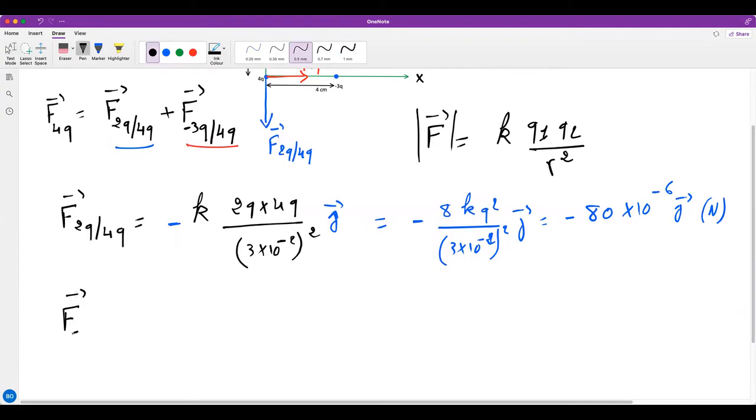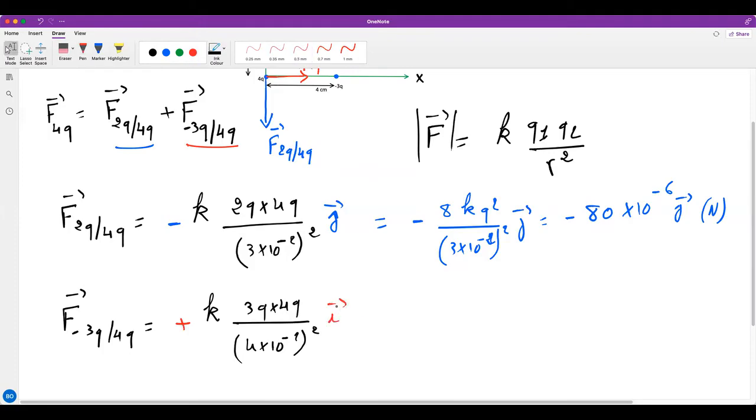The force exerted by the charge minus 3q on 4q is equal to k times 3q times 4q over the distance, which is now 4 centimeters, and it is along the x-axis to the right, which is positive.